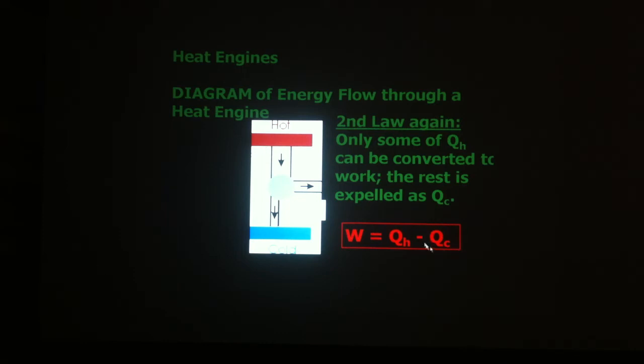The heat that gets exhausted to the environment is QC, heat out at the cold reservoir, and QH is the heat that's burned in the high temperature reservoir. So the amount of work done you get out of the heat engine is the difference between those two. And this is what the second law says, that only some of the energy you add to the heat engine can be converted to work. The rest is expelled as heat to the environment, the low temperature or the cold reservoir.